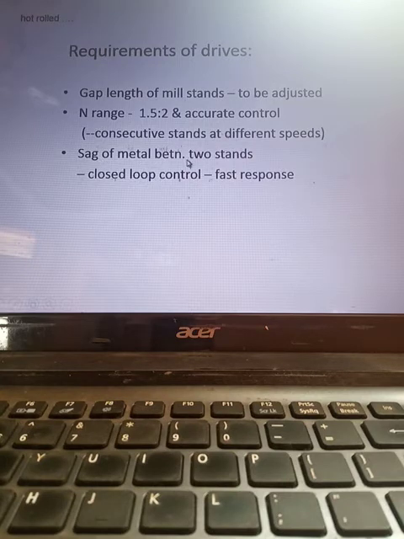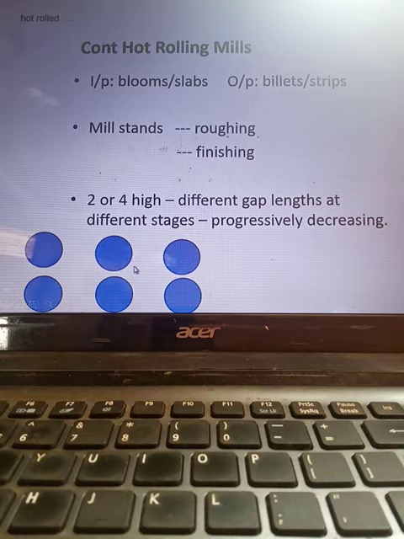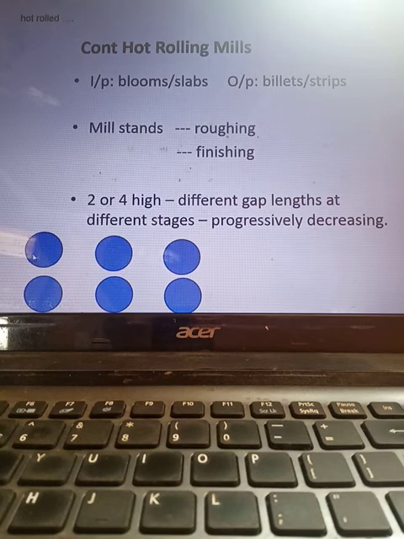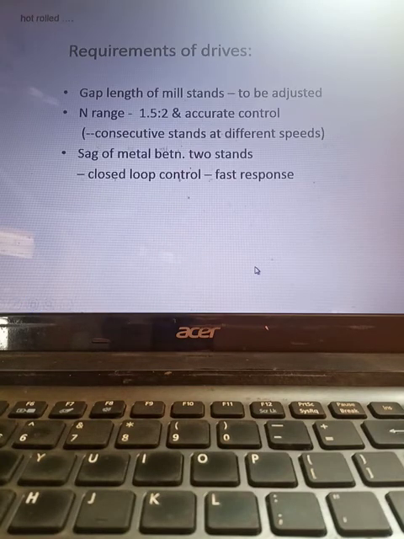When the sagging takes place, the loop will be formed, and that complicates the process. Hence, there should be proper control of these speeds so that no sagging occurs, that means tension at these rolls is to be maintained properly. The accuracy required is very high and the response required is very fast.